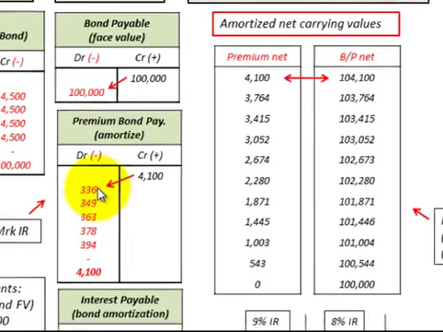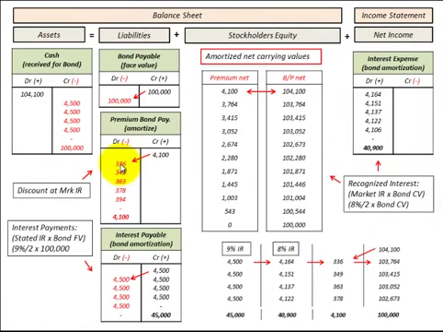Now let's look at how our premium amortization affects the interest payable and the interest expense balance. We had a $336 premium amortization for the first period, which would be a debit balance, and we add it to our interest expense balance of $4,164. Adding those two together, we get a balance in our interest payable account of $4,500.